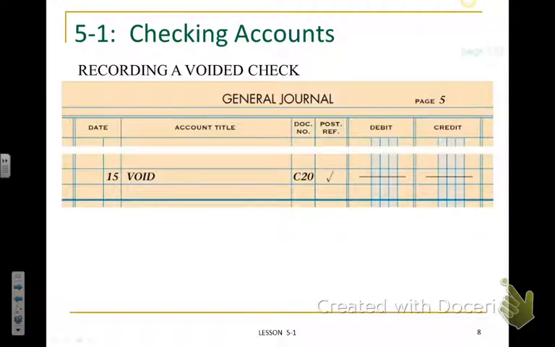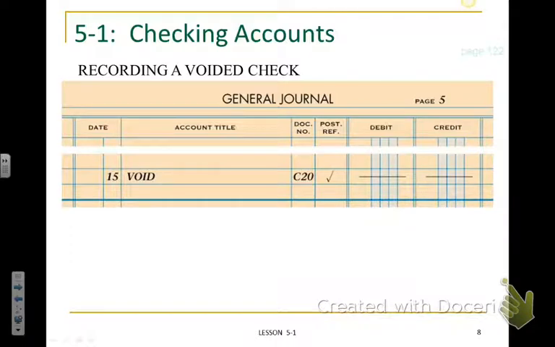Let's say we made a mistake on our check and we needed to void it. We would write in big words across the check, void. We would put a void on our check stub, and then lastly in our journal we would write the date of that check and we would write void on the line.